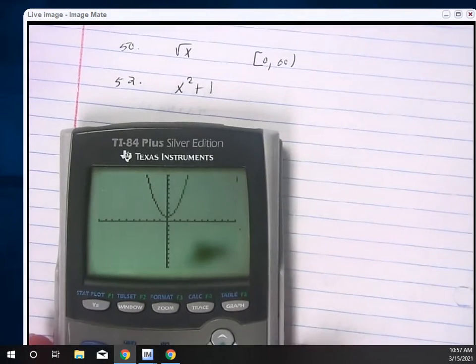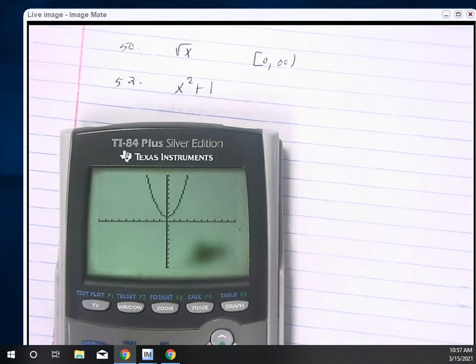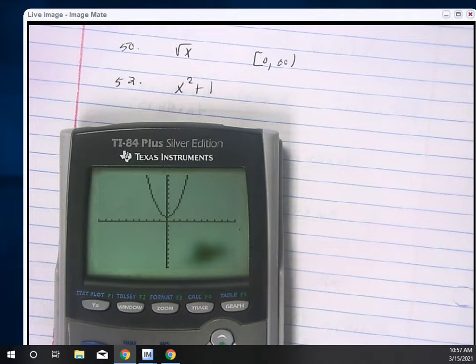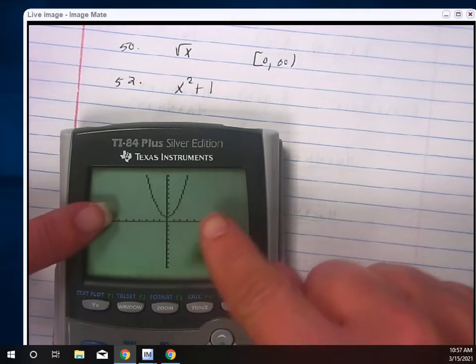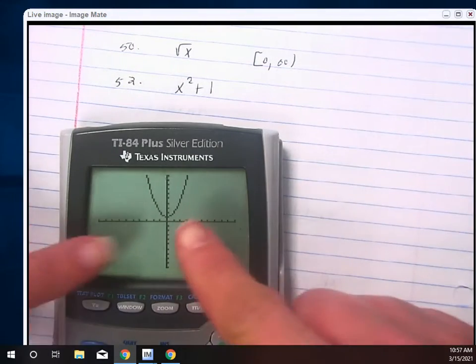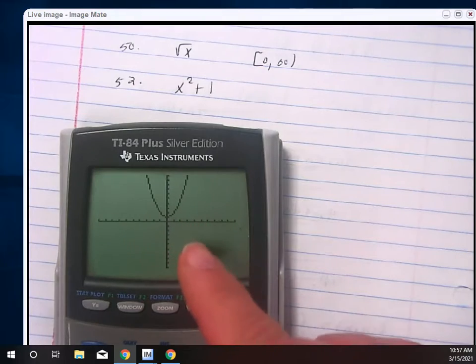Here's the graph. What's the domain? That's the range. Negative infinity to infinity or all real numbers. Yeah. The domain are the x values, so it can be anything. The range starts at 1 and goes to infinity.